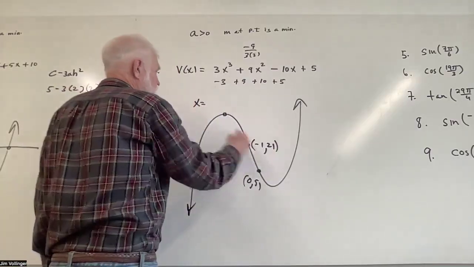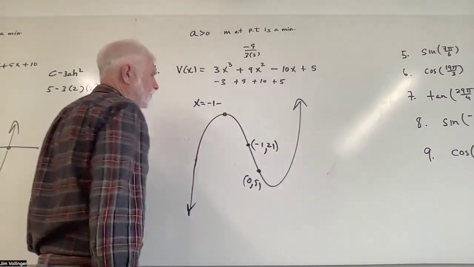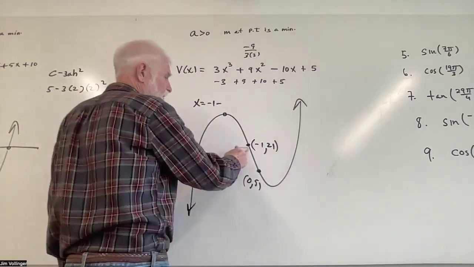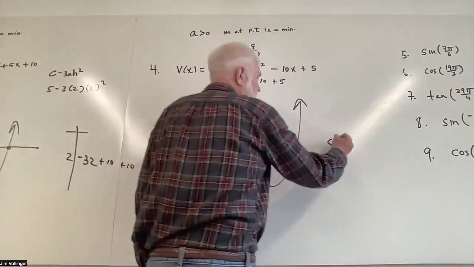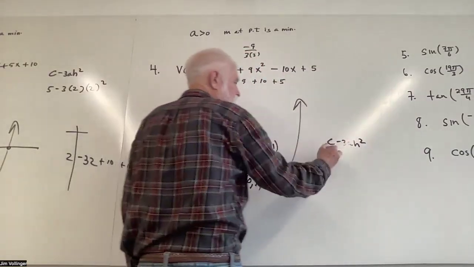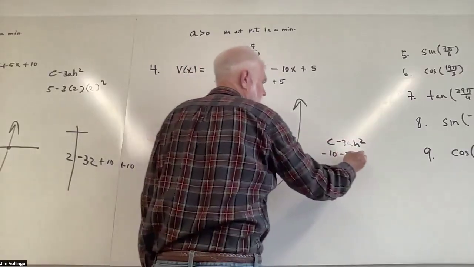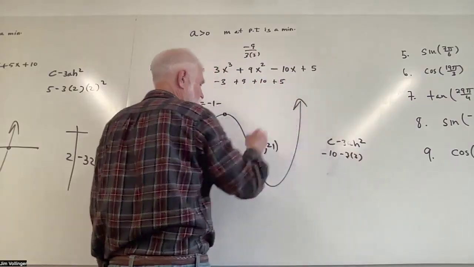x is equal to measuring from -1 going to the left. All right. Got to get the rate of change here. c minus 3ah squared gets it quickly. So -10 minus 3a was 3. And h was -1.